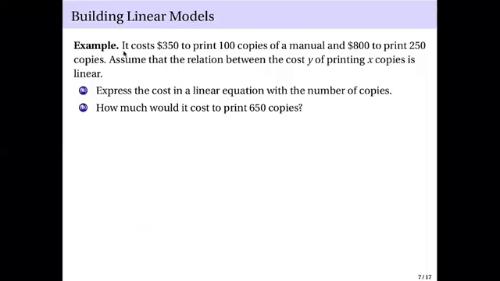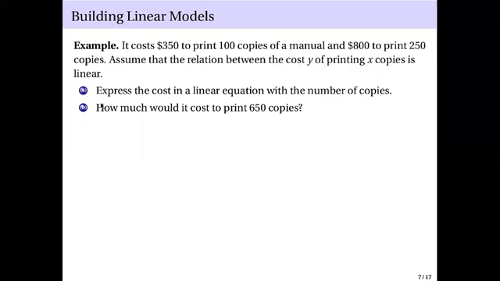For example, it costs $350 to print 100 copies of a manual and $800 to print 250 copies of the same manual. So assume that the relation between the cost y of printing x copies is linear.